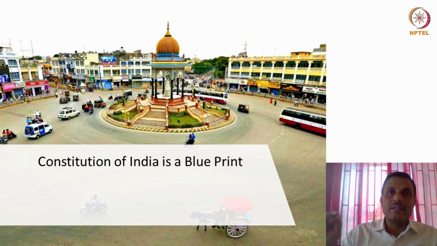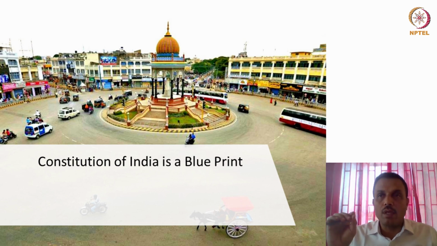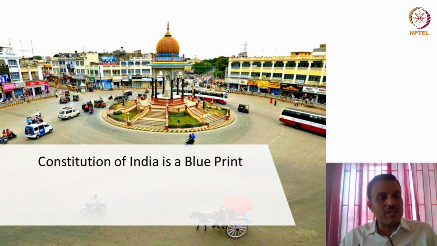It's like the four corners of a box under which the entire country is going to be governed, right? Now, the four corners is what the constitution limits government, confines its powers and functions, and that is what the blueprint is precisely made of.